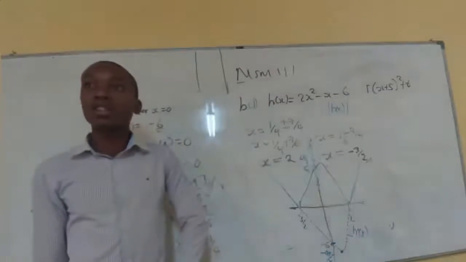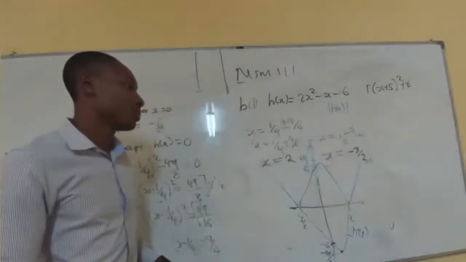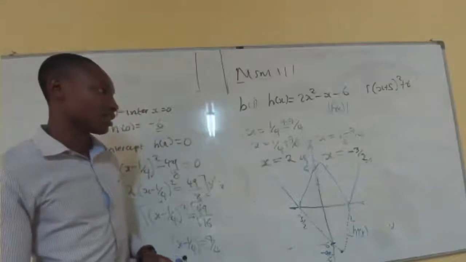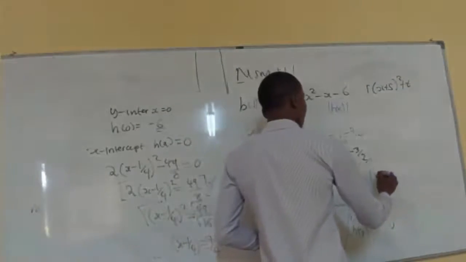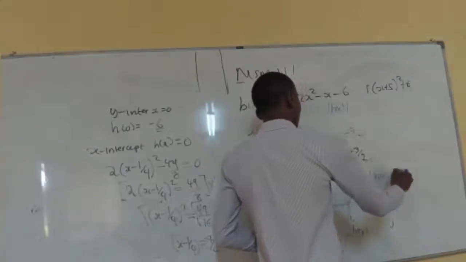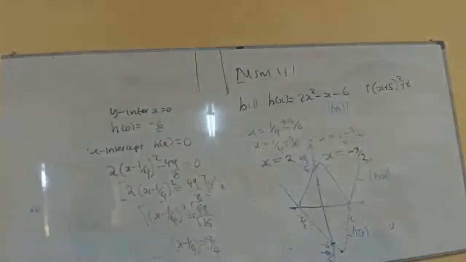Now it's reflecting in the negative, it will now reflect on the positive. So this graph here is the absolute value of h of x. That's how you solve that question.